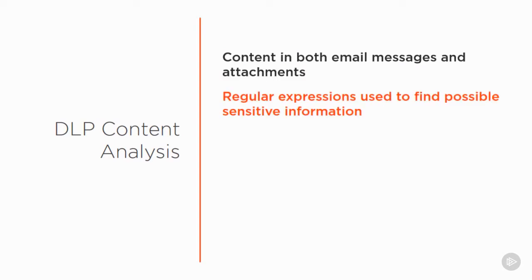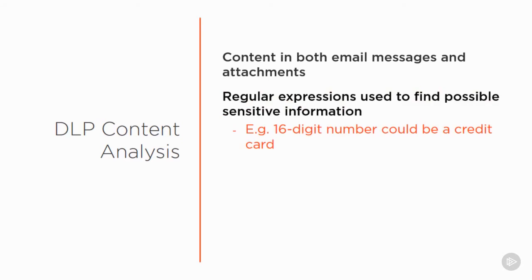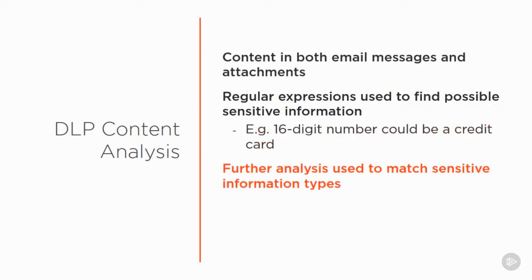Regular expressions are used to find patterns of information that could be sensitive information. A good example is a 16-digit number, which could be a credit card number. Further analysis is then performed to try and work out what that information might be.